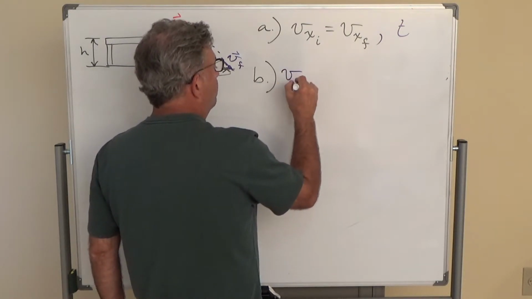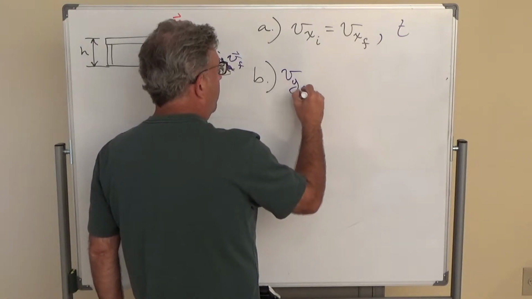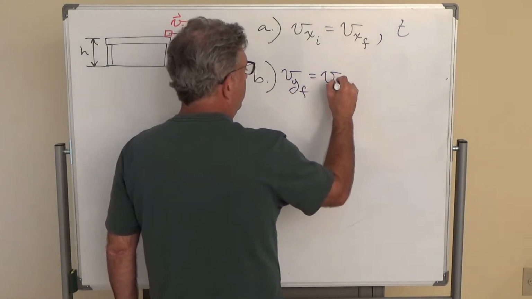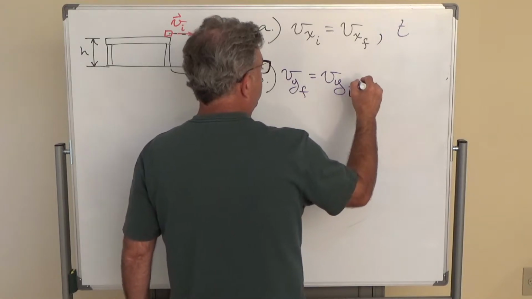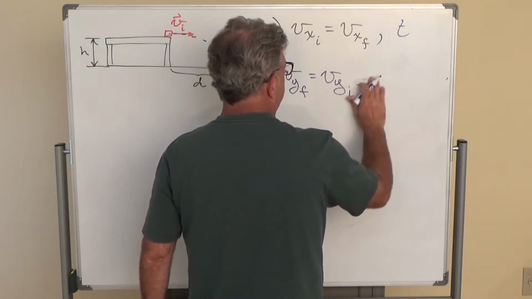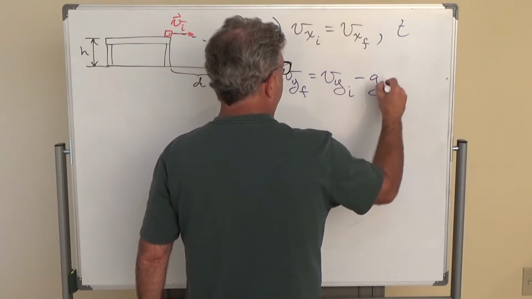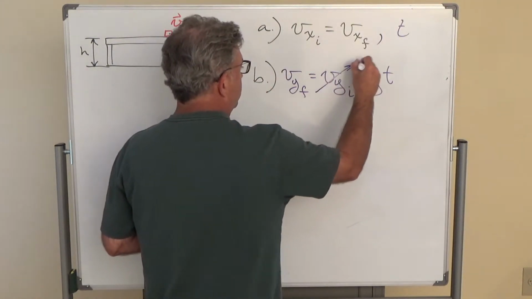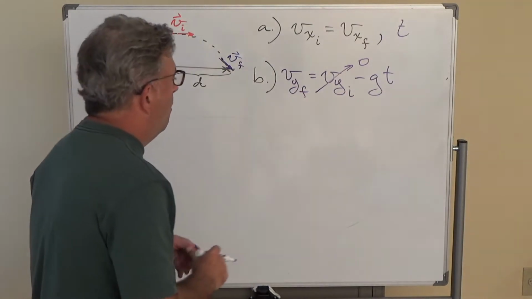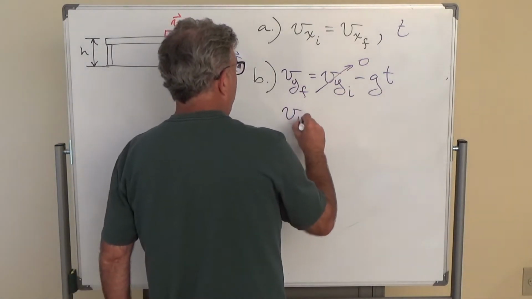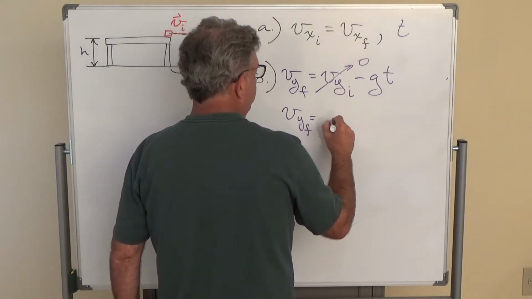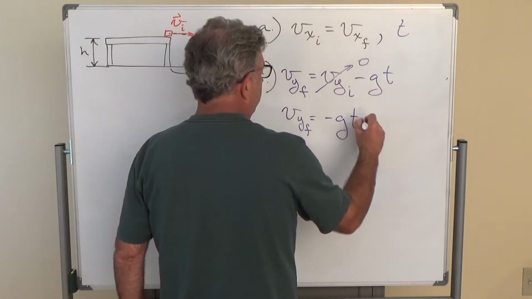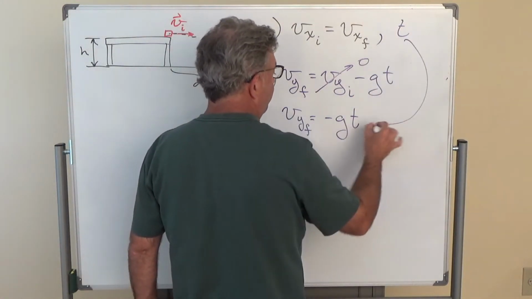You can use Vy final is equal to Vy initial minus gt. Well, Vy initial was equal to 0. So you get Vy final is equal to negative gt. Use that T from part A.